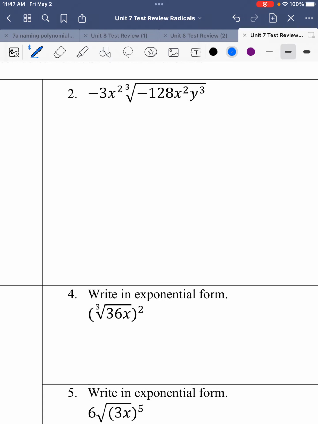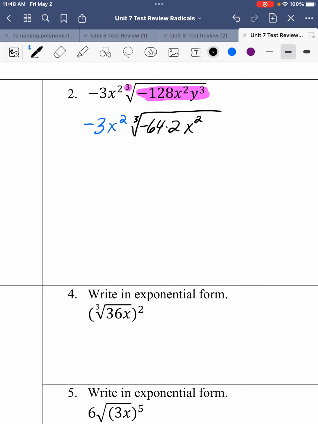Number 2, I'm just concentrating on what's underneath the radical. That's all I look at. And it is a cube root, so now we have to think perfect cubes. I'm just going to write the -3x squared on the outside. -128 is -64 and 2.